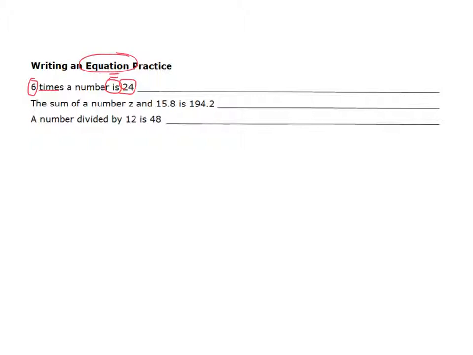So the times obviously represents multiplication. So I could write it as 6 times my number is equal to 24. You could choose to use the parentheses. You could choose to use the dot. I don't want you really using the X. We need to start dropping that out.